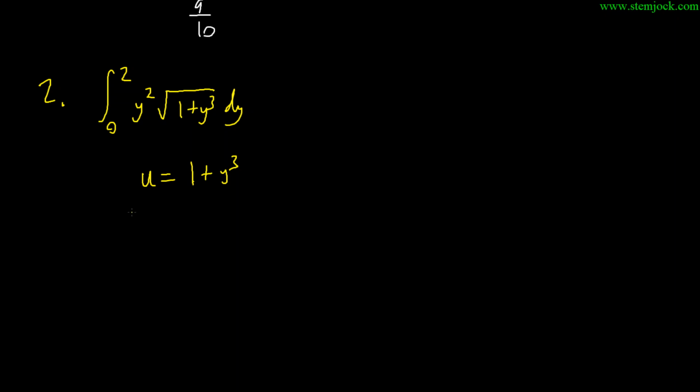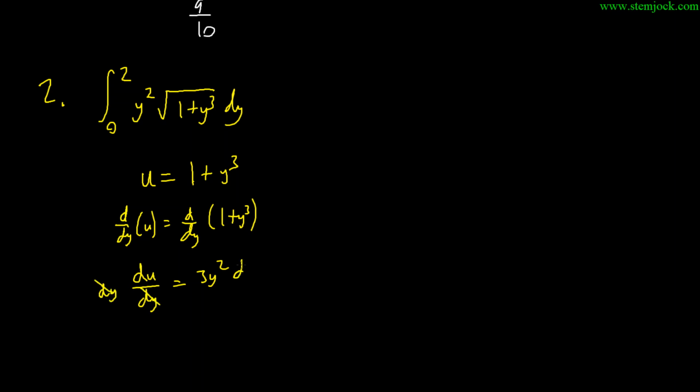So what we do now is we take the derivative of both sides with respect to y: du/dy equals d/dy of 1 plus y cubed. Now, the left side is du dy, and the right side is going to be 3y squared. Now, I multiply both sides by dy, so I have du equals 3y squared dy.